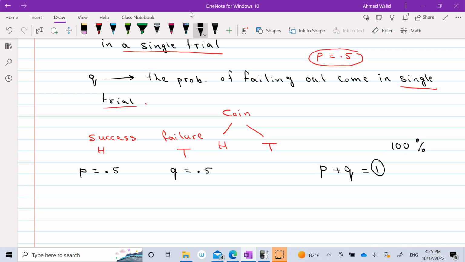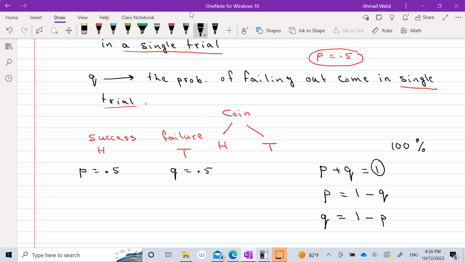Okay, now if I can write this relation, then from here I can solve this equation for p. And I can say p equals 1 minus q. If q is given to you, you can easily find p. Or if p is given to you, you can easily find q.